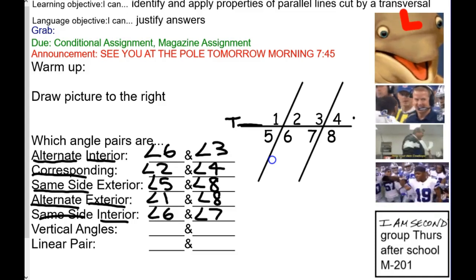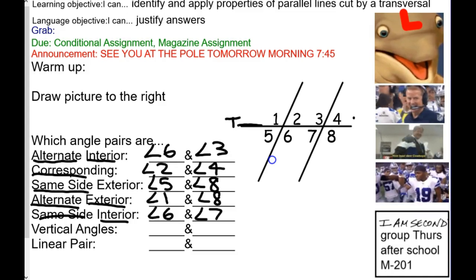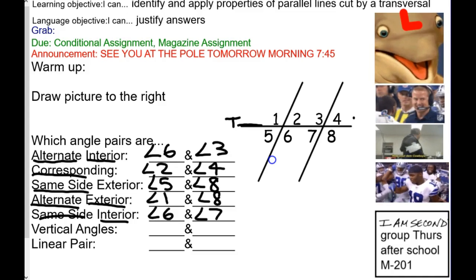These last two are old news. Vertical angles, you should know. At an intersection, where are vertical angles? Are they across or are they next to each other? Across, okay? So again, vertical angles are across from each other. Let's pick a random angle. Angle 3. What is across from angle 3 at an intersection? 8, right? 4 and 7 are next to it.